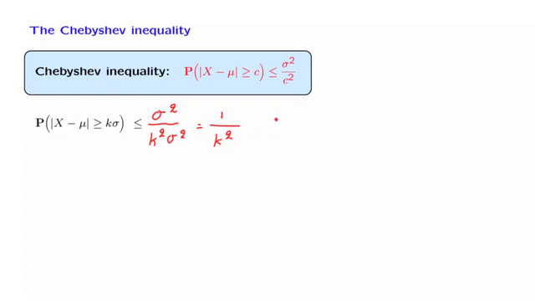So what this is saying is that if you take, for example, k equal to 3, the probability that you fall 3 standard deviations away from the mean or more, that probability is going to be less than or equal to 1 over 9. And this is true no matter what kind of distribution you have.